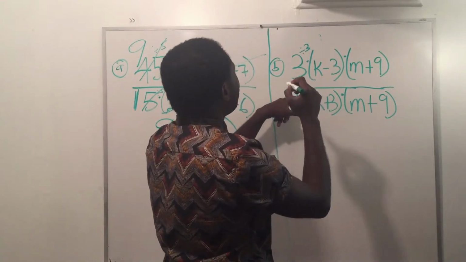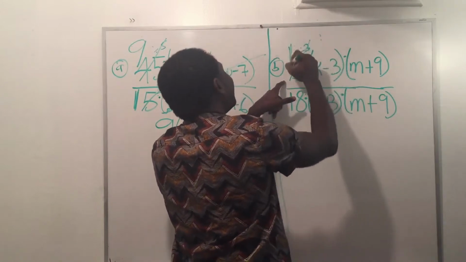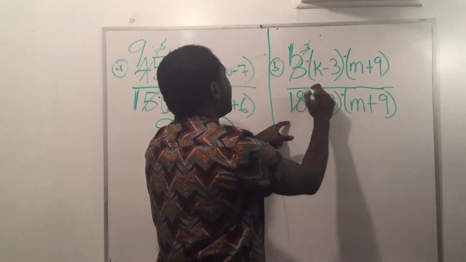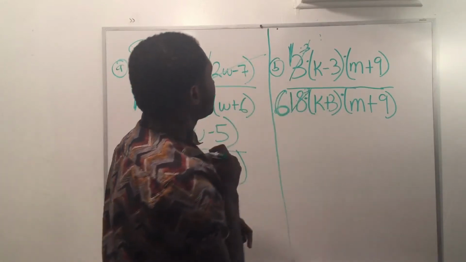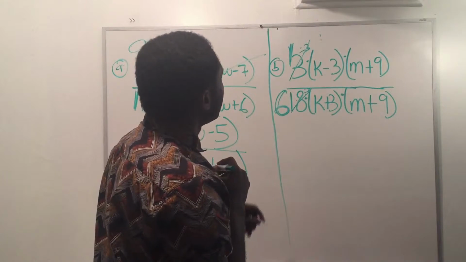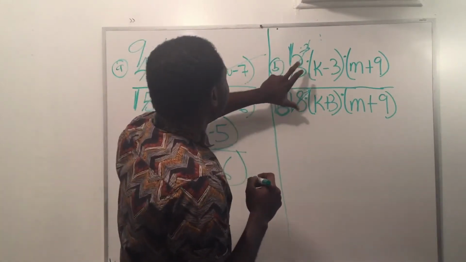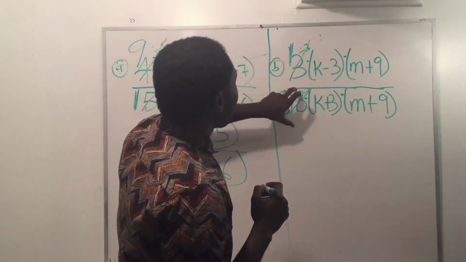So 3 divided by 3 is 1, and then 18 divided by 3 is 6. And I cannot simplify anymore. Those would be the two new numbers for those right there.